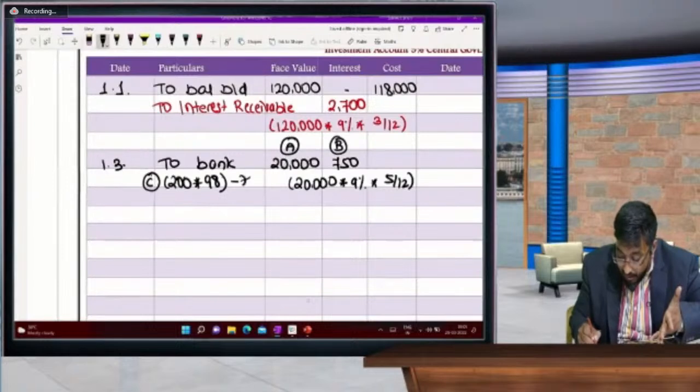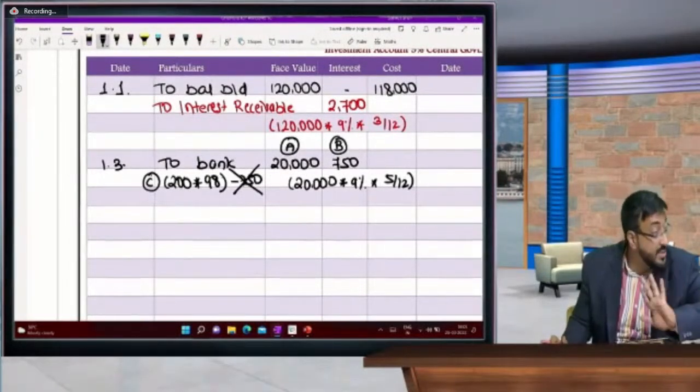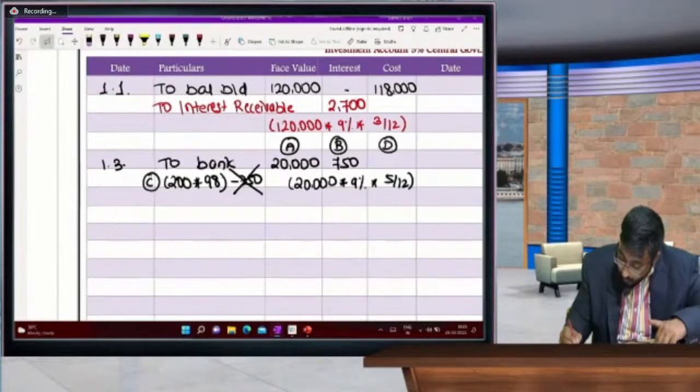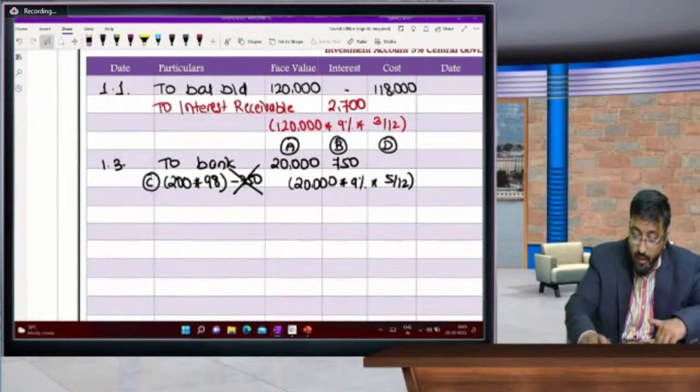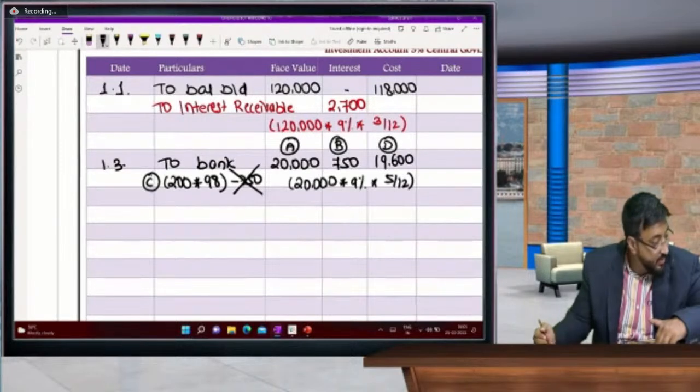Interest minus 750. If it is cum interest then I will deduct it. But if it is ex interest, यदि ये ex interest है तो वापस deduct नहीं करना है बेटा, already excluding interest है. So 200 into 98 कितने पे मैं record करूँगा? 19,600. Are you getting it now?